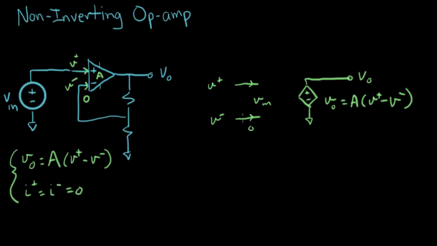So let's put in the rest of our circuit here. We had our voltage source connected to V plus, and that's V in. And over here we had V out. Let's check. V out was connected to 2 resistors.